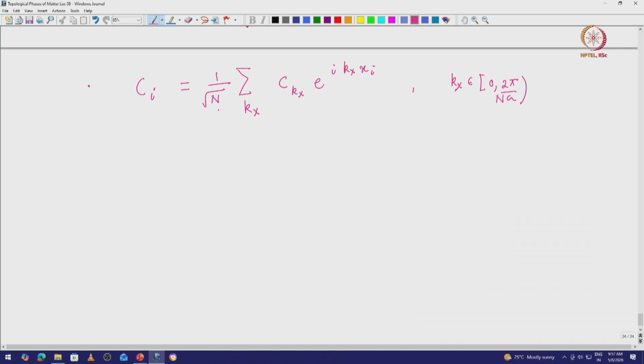So, if you do that, this is the band structure one gets.